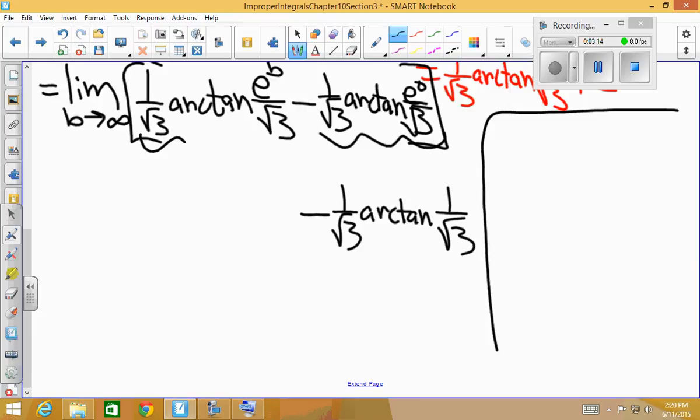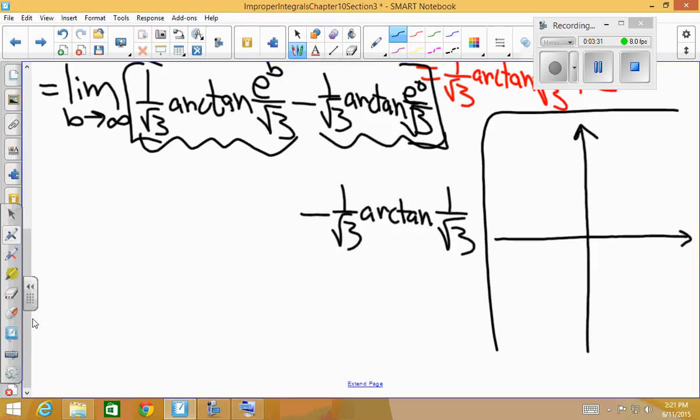For our first term, we need to be able to evaluate the limit of the arctangent of e to the b over the square root of 3. We need to know something about the arctangent function. Remember that the arctangent function has a graph which has horizontal asymptotes at pi over 2 and negative pi over 2.